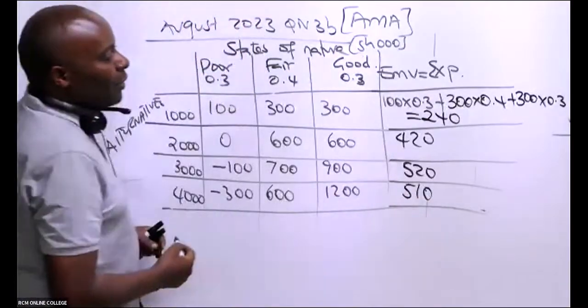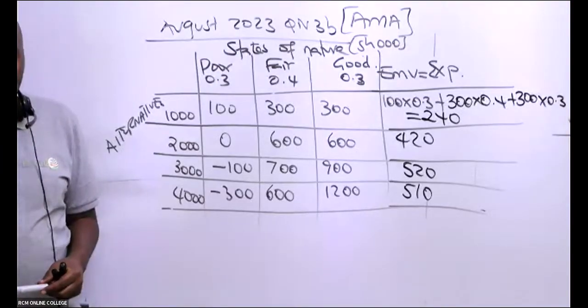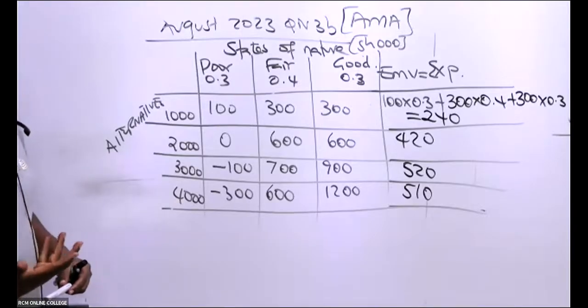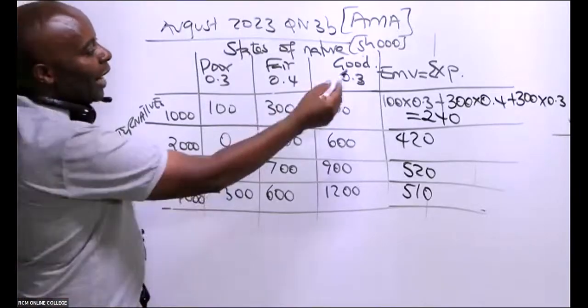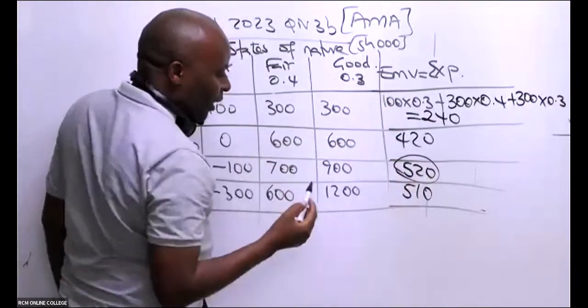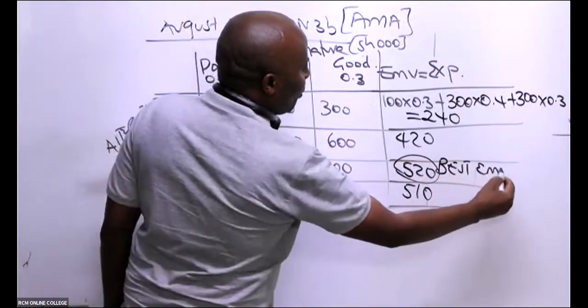So what do you think about these expected monetary values? Once we have them, we shall always work with the very highest because money is sweet. The more it is, the better. So the optimal one will be the highest among these, which is 520. This is what we call the best expected monetary value.